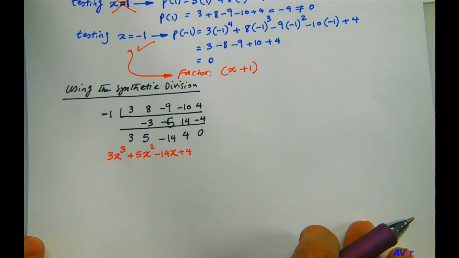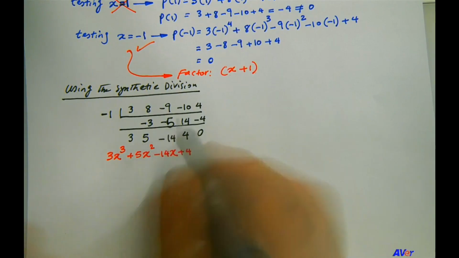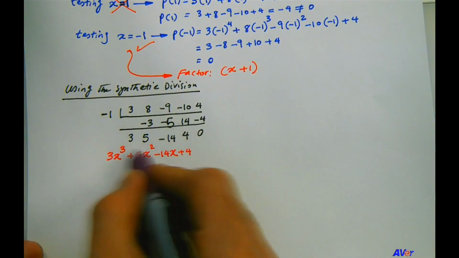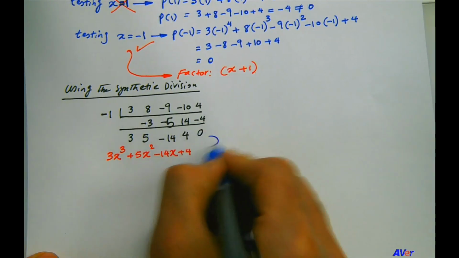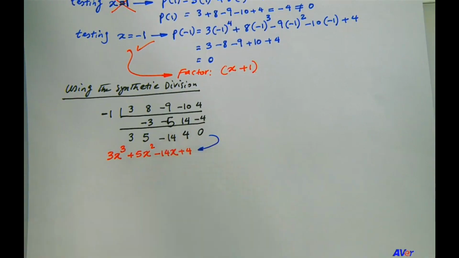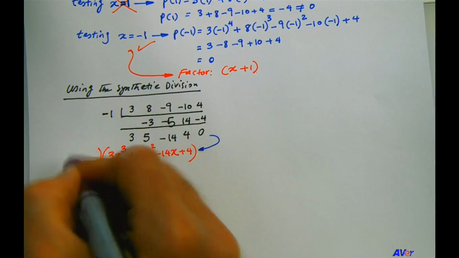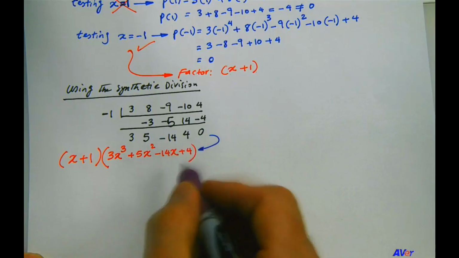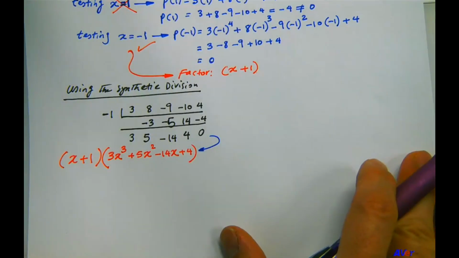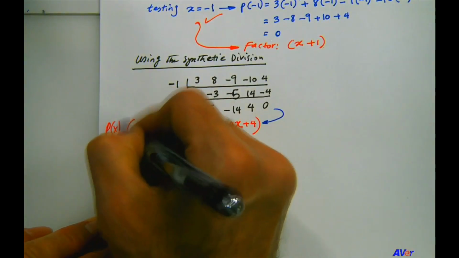So now, given that, all of that gives us this. So we know that this times x plus 1 is going to give us the original polynomial. So the original polynomial p of x is equal to that.